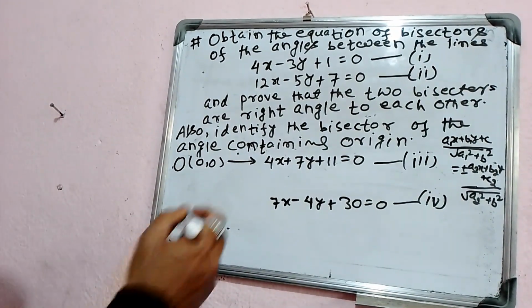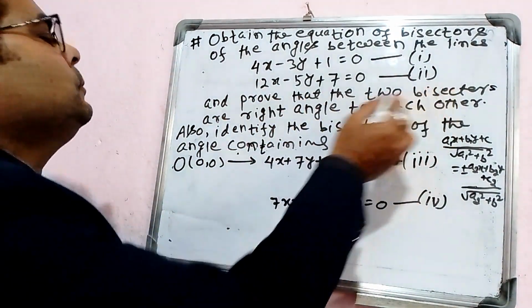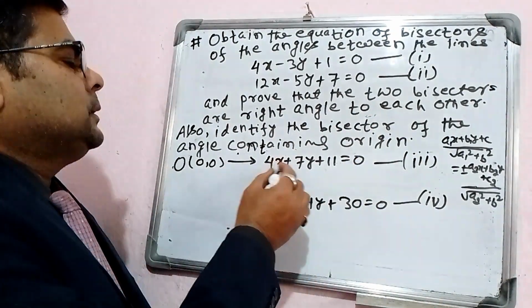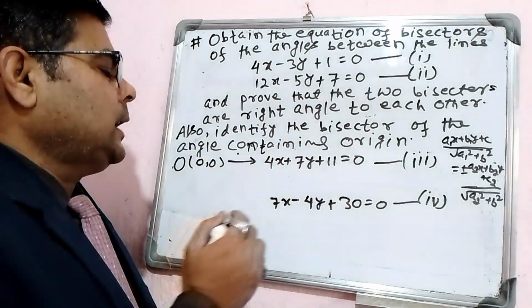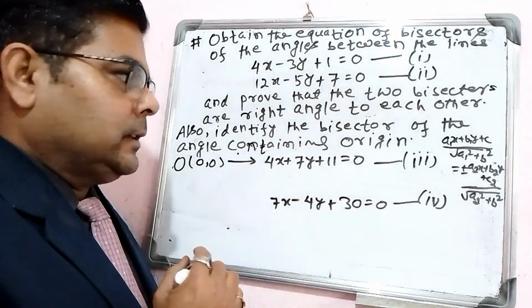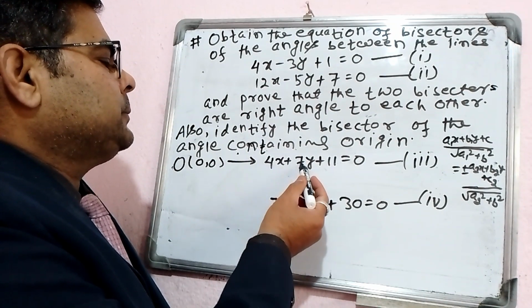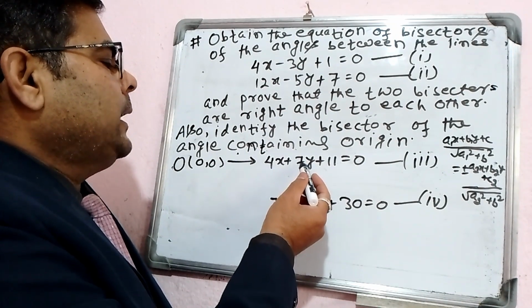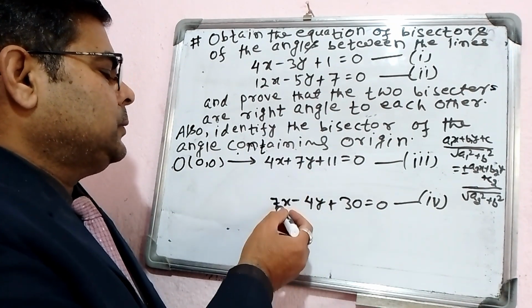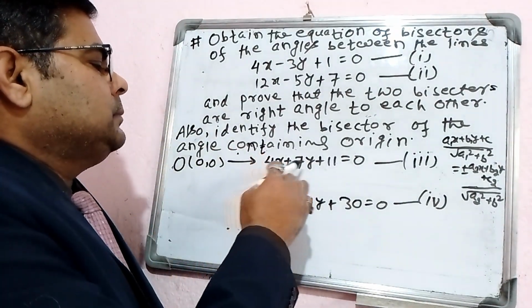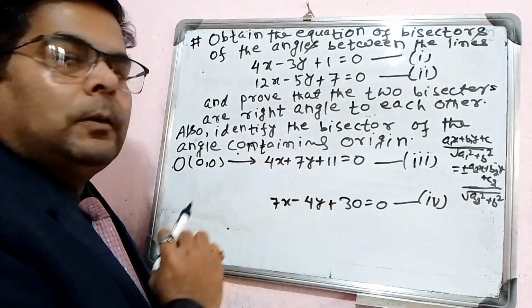And lastly, it says prove that the two bisectors are at right angles to each other. So this is the bisector that contains the origin, and this is the other bisector. Just by observation you can see that the 4 has been shifted to y, and the coefficient of y, 7, has been shifted to x over here, and there is a sign change between the terms of x and y.